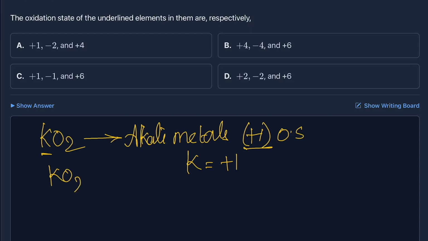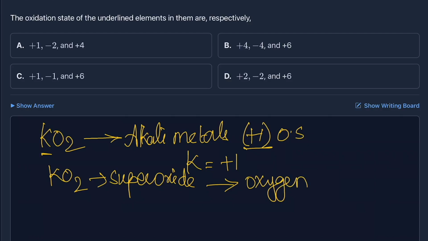KO2 is called a superoxide, and here oxygen exists in a -1/2 oxidation state.